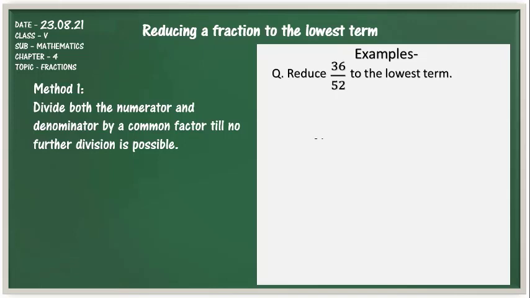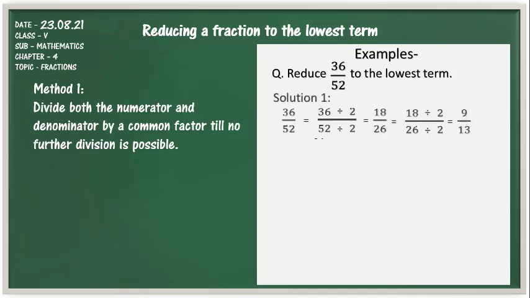So, let's find a common factor. 2 can be a common factor for both of these numbers because they are even. So 36 by 52 divided by 2 will give us 18 by 26. Again, 18 by 26 divided by a common factor, which is again 2, will give us 9 by 13.